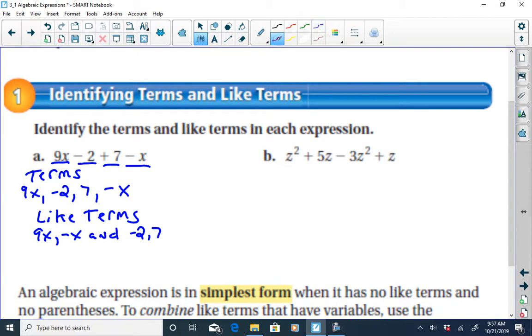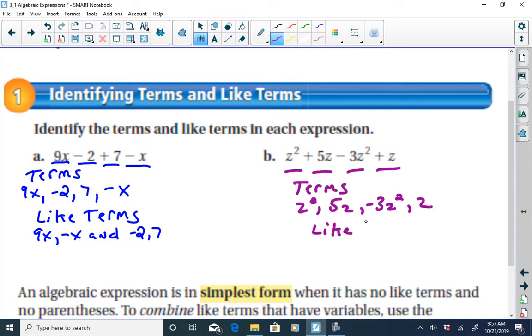Our second example, what are the terms? I have 1, 2, 3, 4 terms in that expression, right? So my terms are z squared, 5z, negative 3 z squared, and positive 1z.